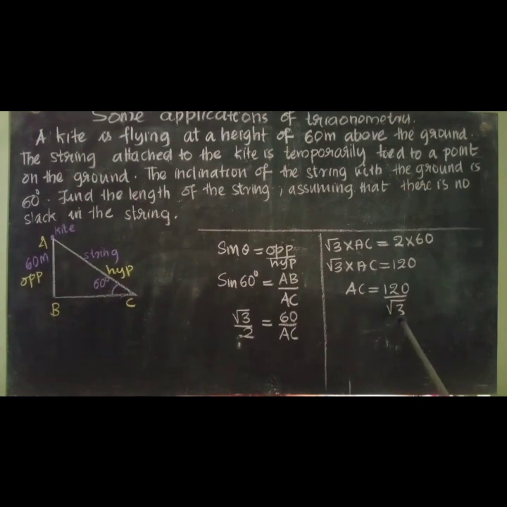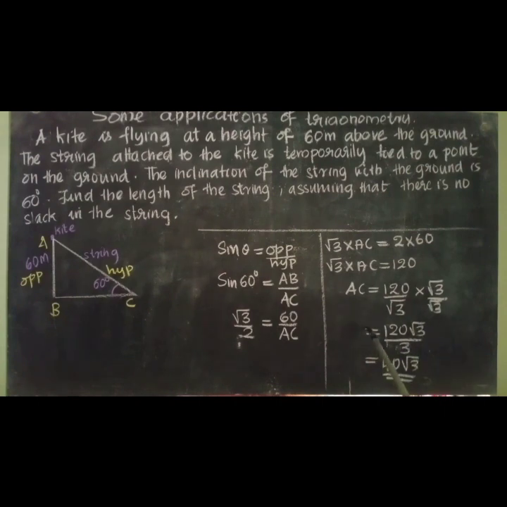Now you see the denominator. It is an irrational number. Let us rationalize it by multiplying with root 3 by root 3. So that is equal to 120 by root 3 into root 3 by root 3. Root 3 into root 3 is 3.